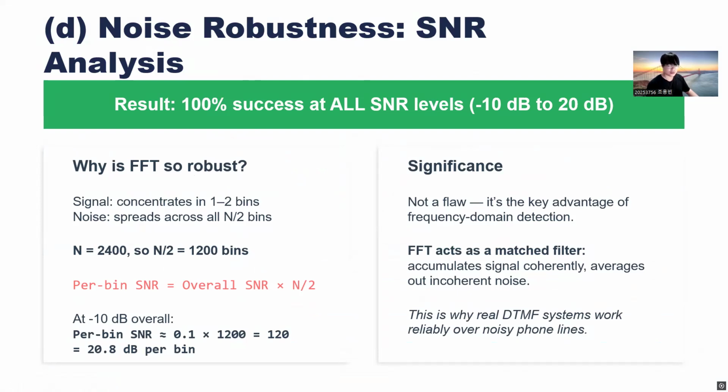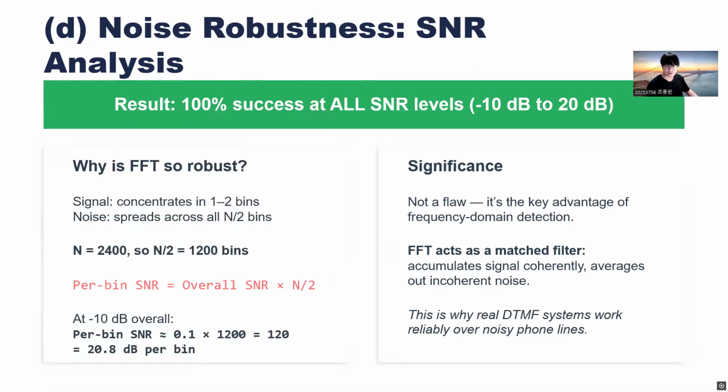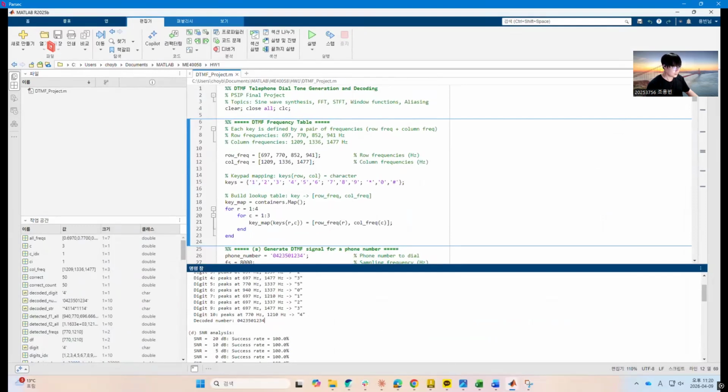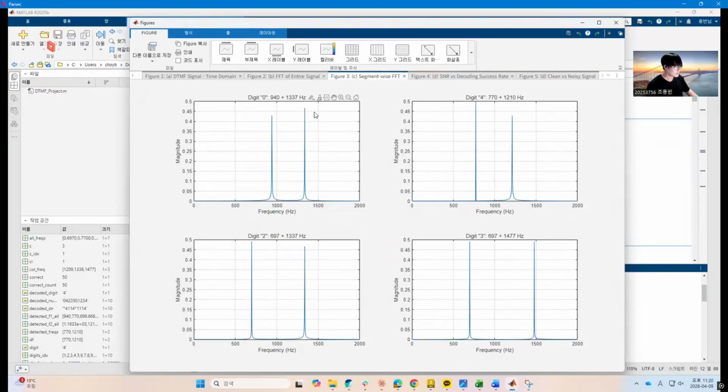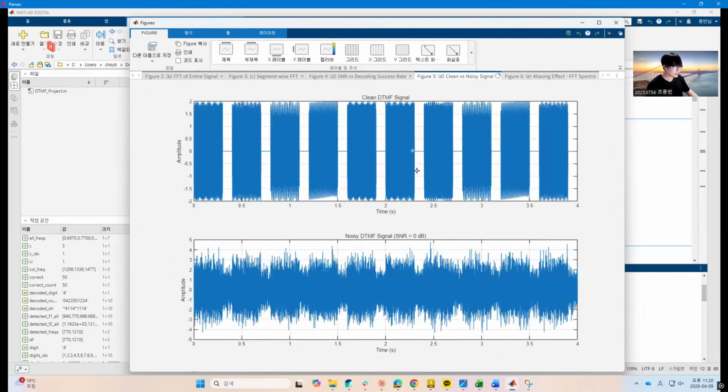And the result is that 100% of the FFT decodings, even though there was Gaussian noise, were successful. If you see the result, you can see that the success rate is all 100%, even though there was noise added to the original signal.